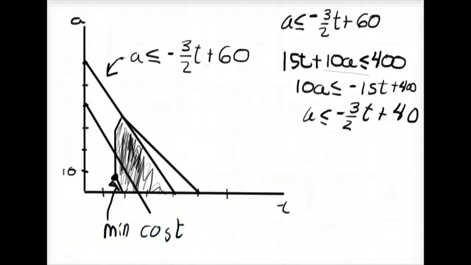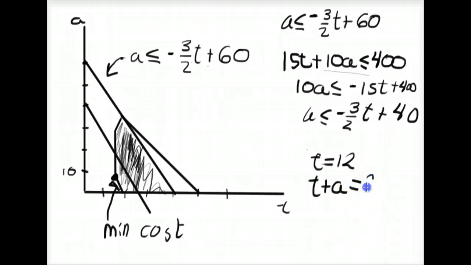So now that we know that the minimum cost occurs at this intersection, we need to find that particular intersection between these two equations. Those two equations happen to be t equals 12, because it's the vertical line at t equals 12, and t plus a equals 20.